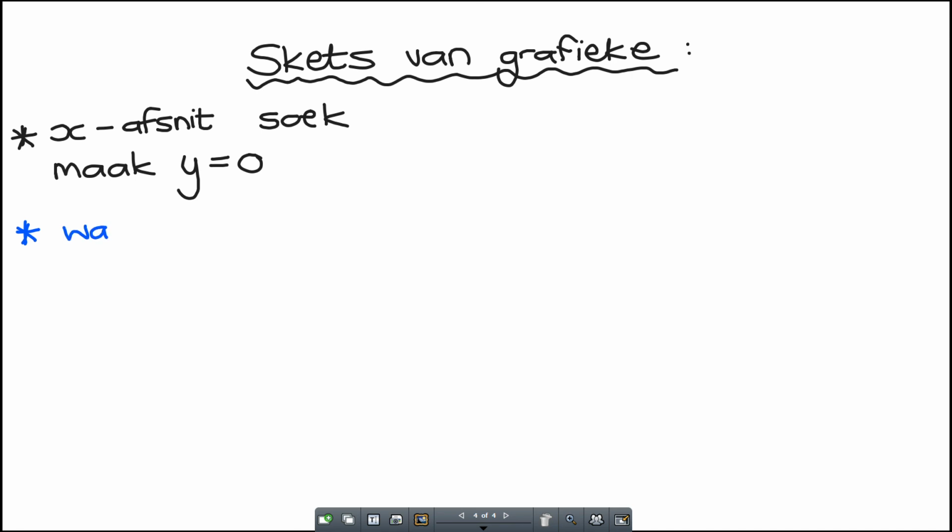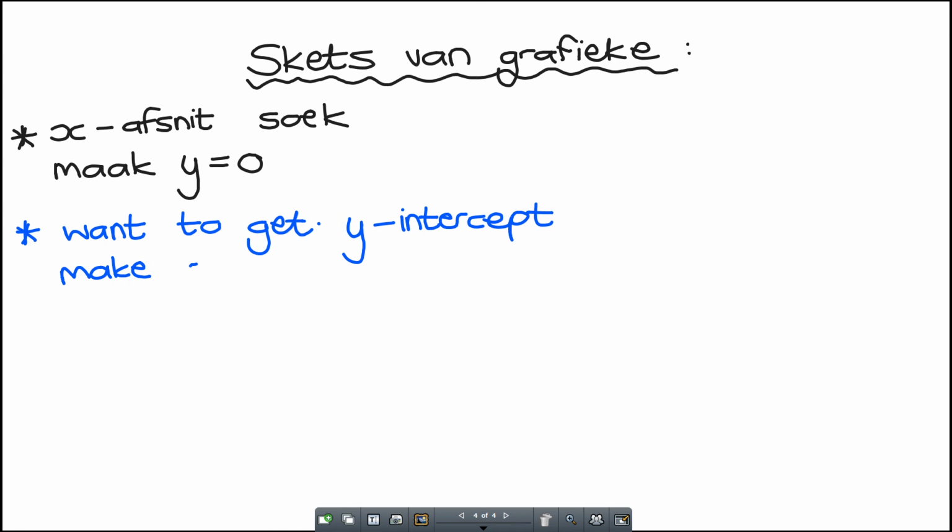If I want to work out the y-intercept, what am I going to do? I'm going to make x equal to 0. Nee. Jy kan maar vat. Goed, so kom ons gebruik gou-gou 'n voorbeeld.